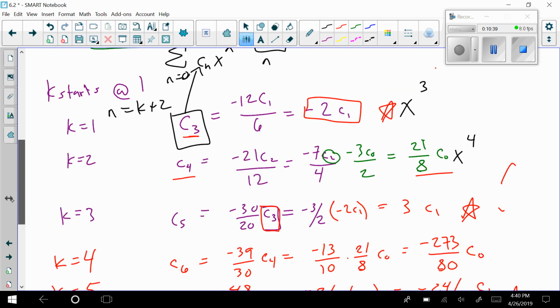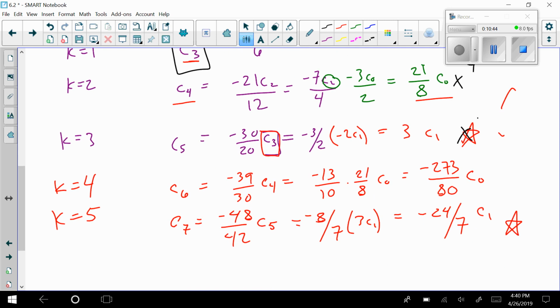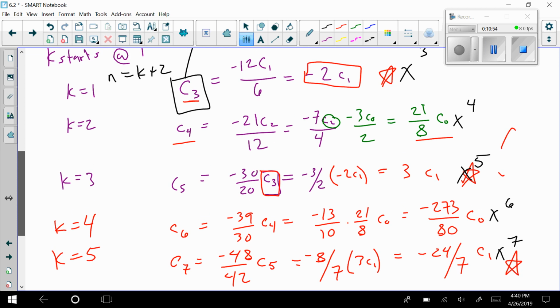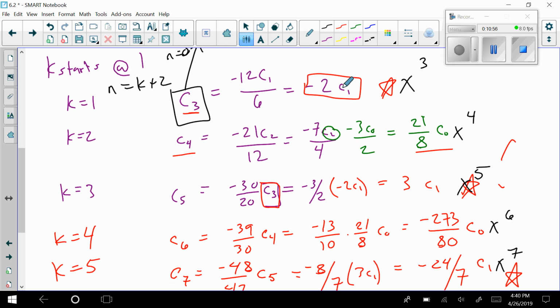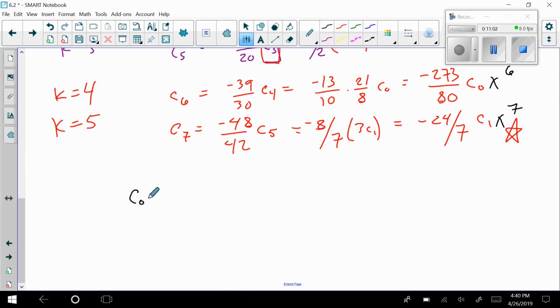Okay, and then so on, right? So then this one's x to the 5th. Then I have x to the 6th and x to the 7th. Okay, well, let's try to plug in these, and you can see that it bounces back and forth, C1, then C naught, right? So clearly I have C naughts and C1s.